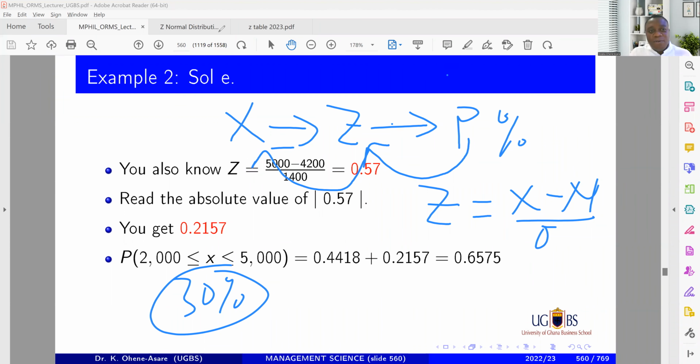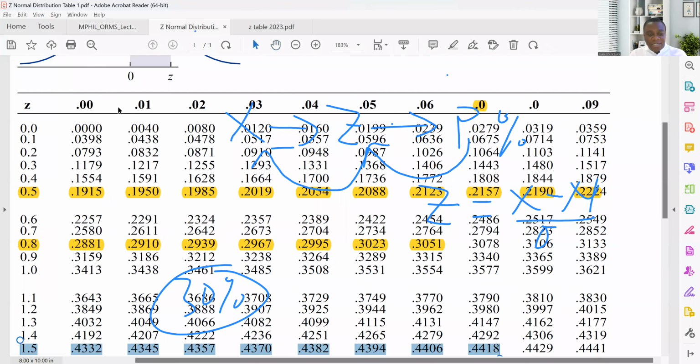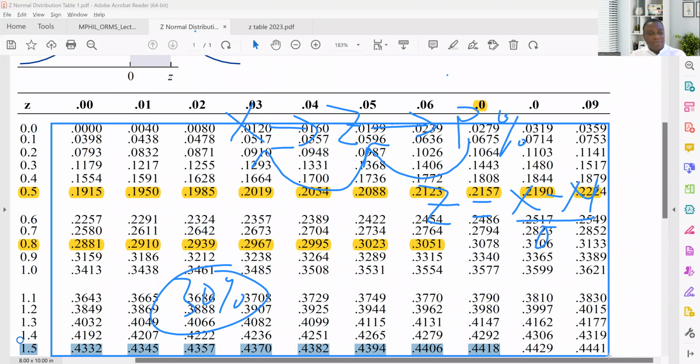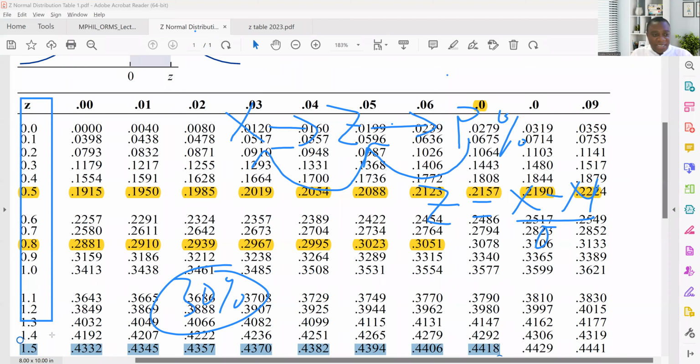And this table here, let me just show you, the Z table: everything inside the table, not on the edges, the entire swimming pool of the table, is all the percentages, all the probabilities. The edges are the Z values, the vertical edge and the horizontal edge.